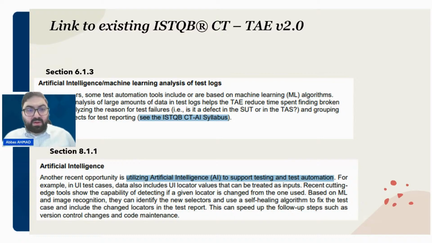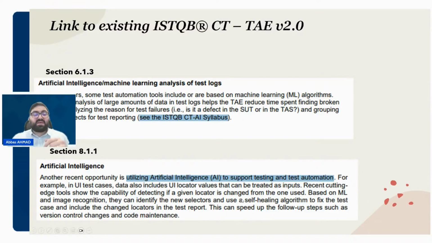And other links, we could take the example of the latest Test Automation Engineer syllabus, version 2.0. Inside this new version, we have references to using artificial intelligence, for example, for test automation. How do we, for example, automate the analysis of logs?